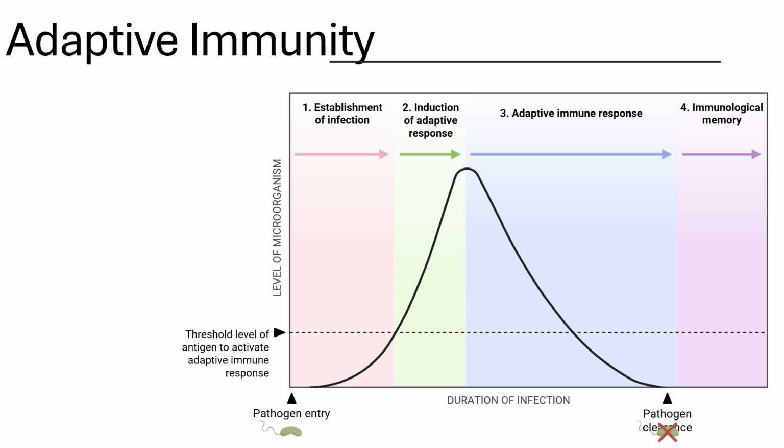This can take 5 to 7 days. The next phase is when your body is just recognizing that there's an infection, recognizing the pathogen and deciding what to do about it. So this can take 2 to 3 days.